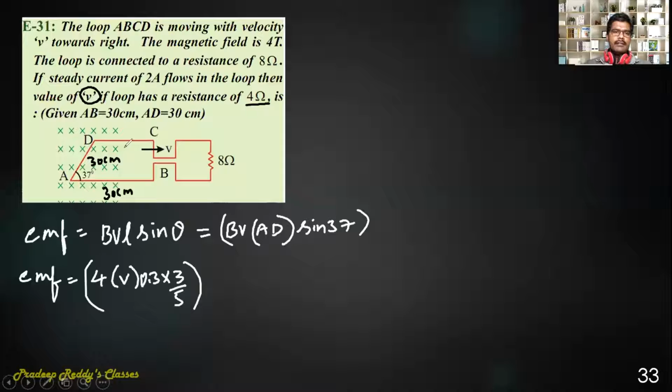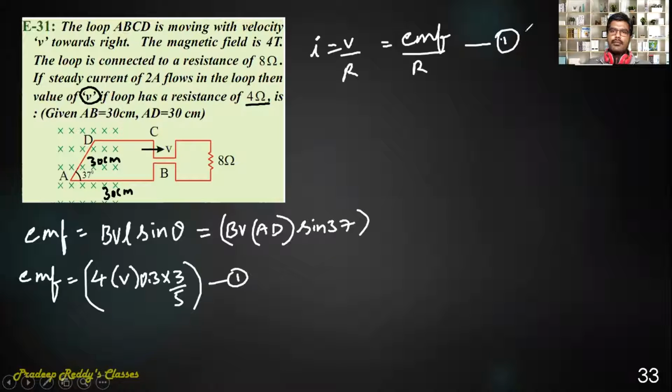Now, when this is moving with velocity V, current will be passing through the circuit. I can write current I is equal to EMF induced divided by resistance R, where R is the effective resistance. Let me take this as equation number 1 and this as equation number 2. You need to find out the overall resistance.